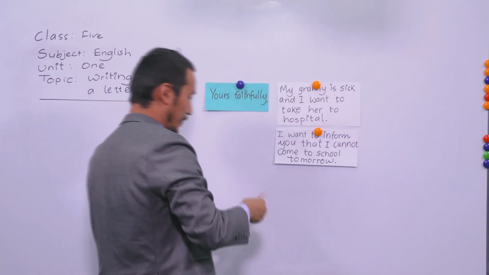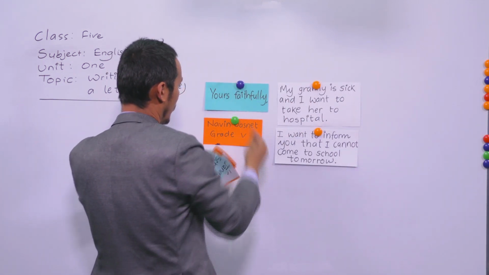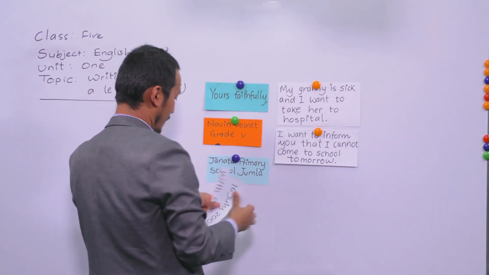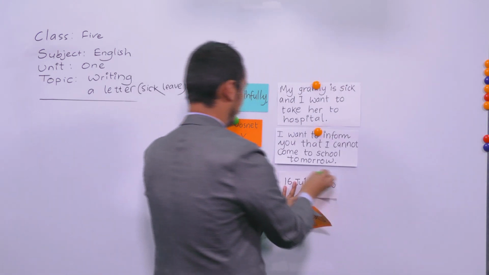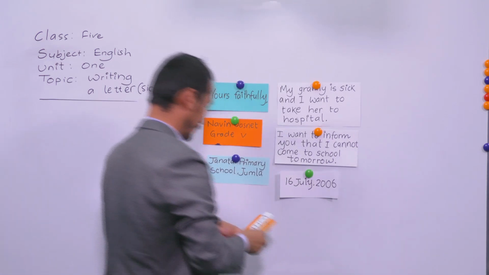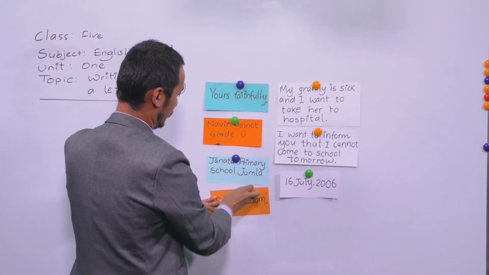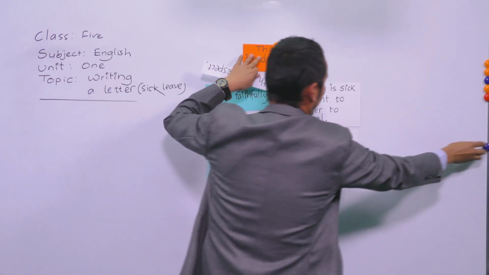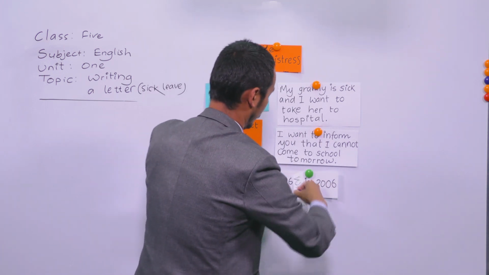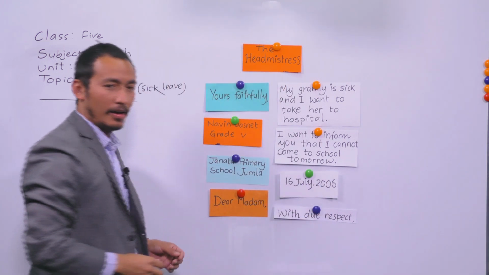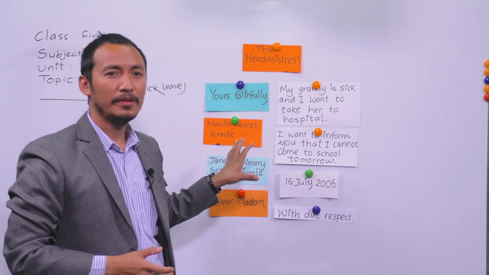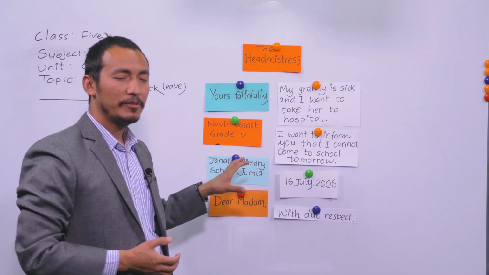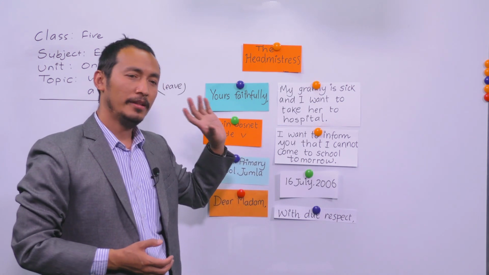What I am going to do, you have to order it in a letter format. Well, students, let's see. These are the broken parts of the same letter we just read earlier. You have to put them in order in the right place.